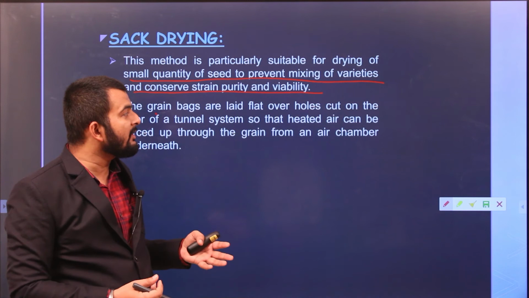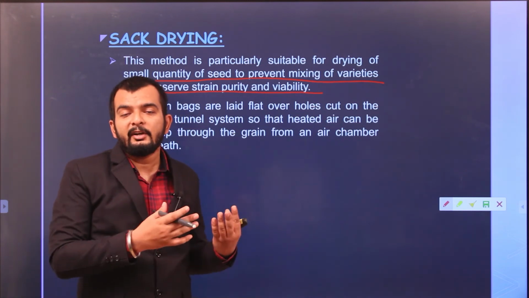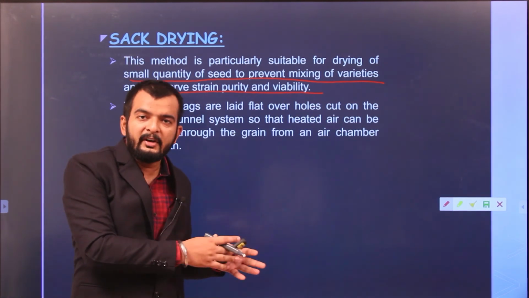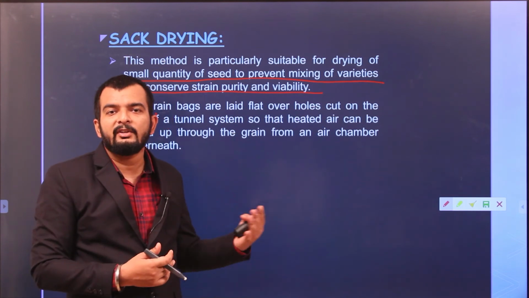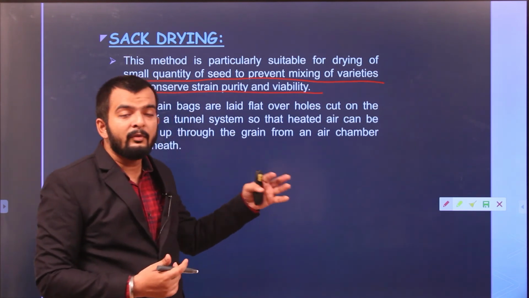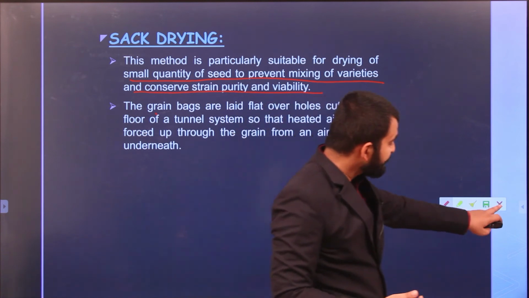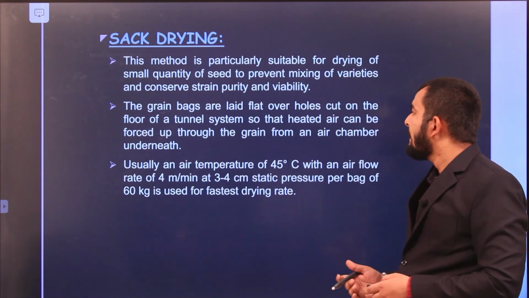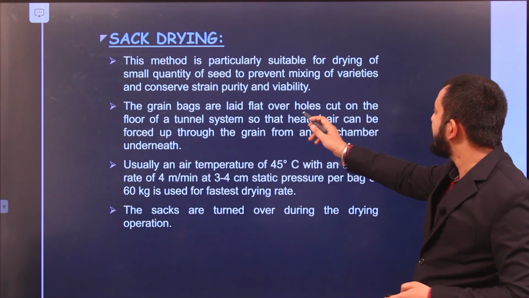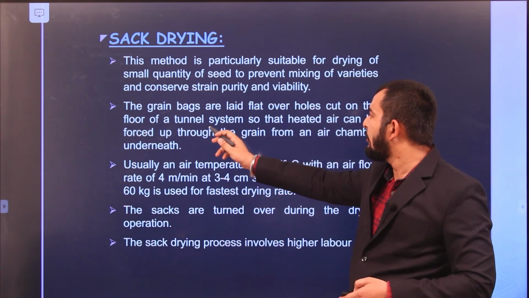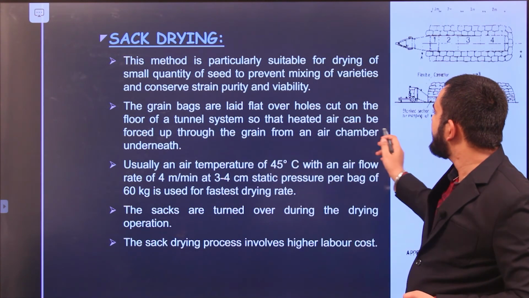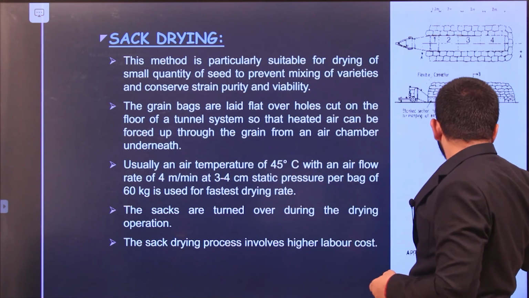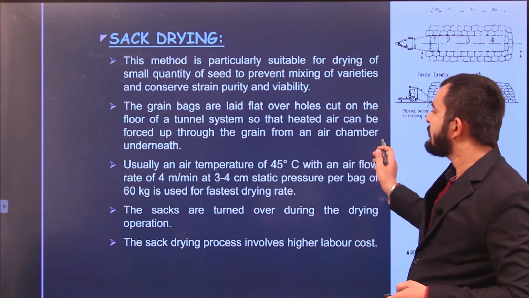So what we will do is keep these different quantities of grains in different sacks. We will fill those sacks with different grains, and then, as we see here, the grain bags are laid flat over holes cut into the floor of a tunnel system so that heated air can be forced up through the grains from this air chamber underneath.